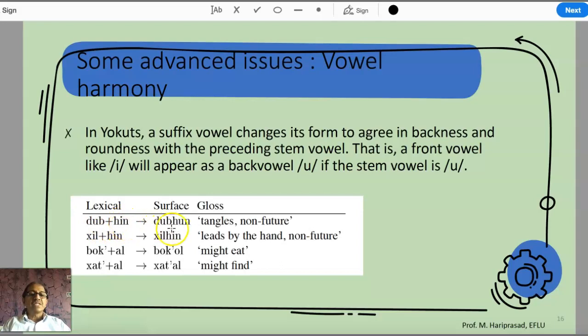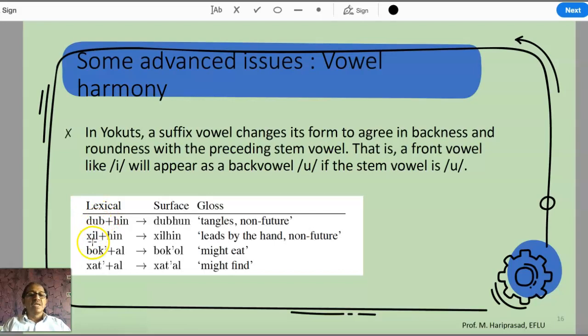So e changes to u. Look at this, u is a back vowel, e is a front vowel. U is a rounded vowel, e is an unrounded vowel. But e changes to u. That means both in backness and roundedness, the vowel in the suffix changes to the vowel in the stem.